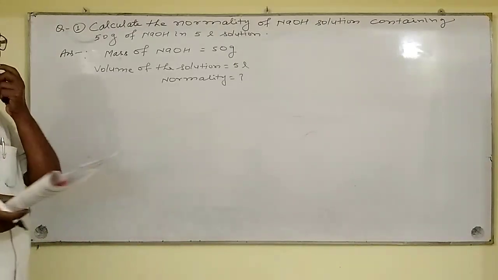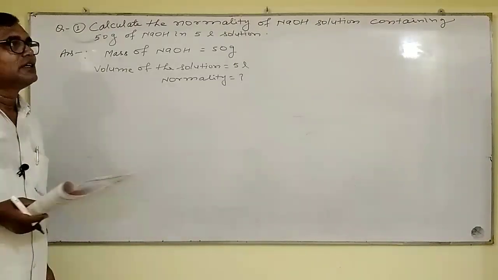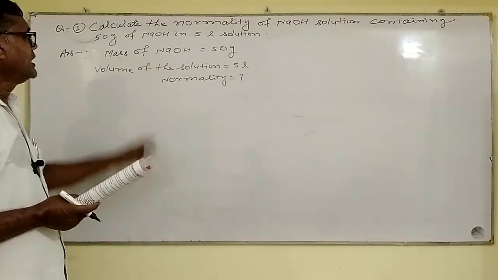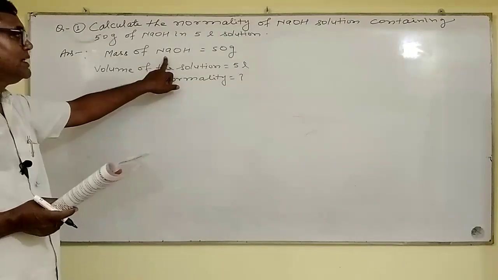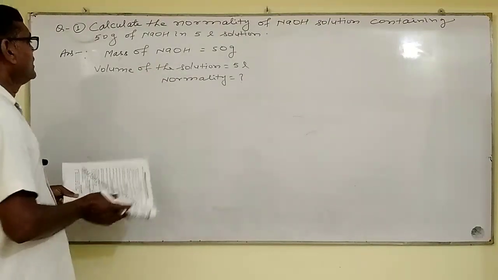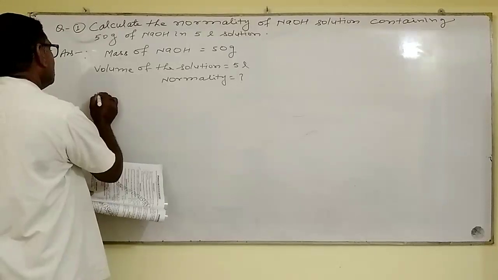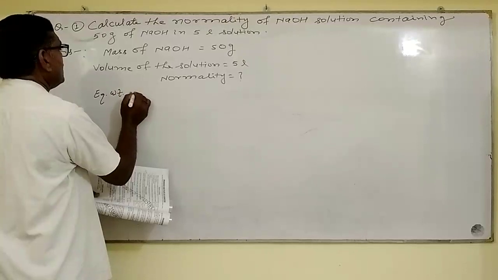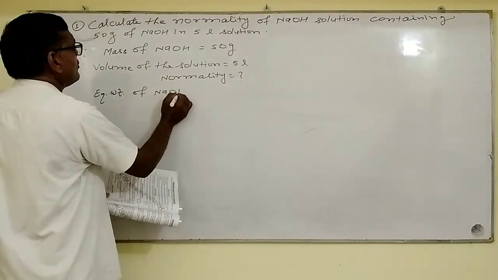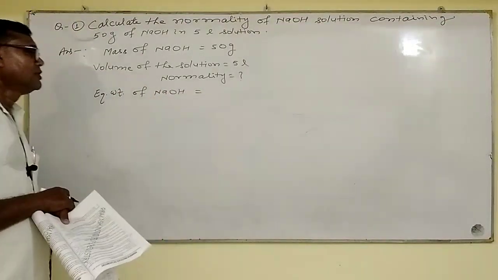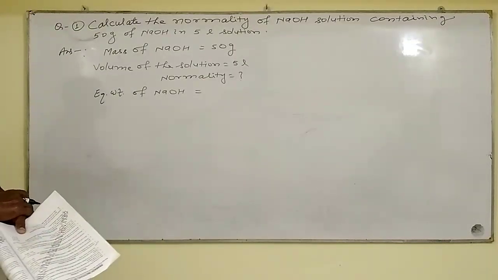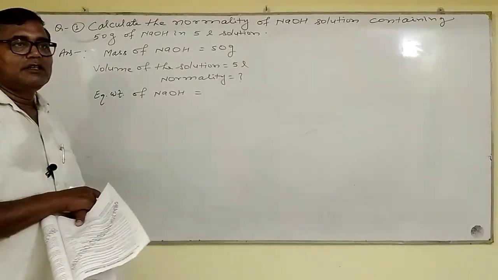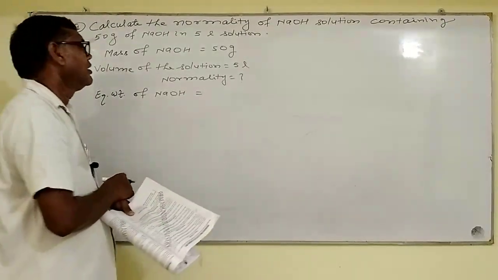First of all, we calculate equivalent weight of NaOH. NaOH is a base, therefore we write equivalent weight of NaOH is equal to, first of all we write molar mass of NaOH in upper.